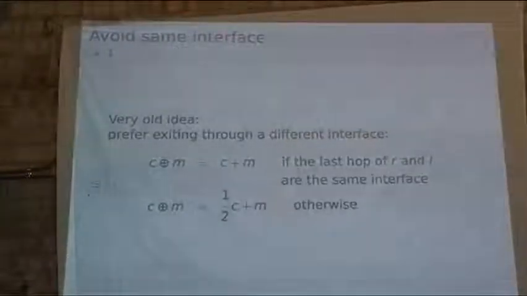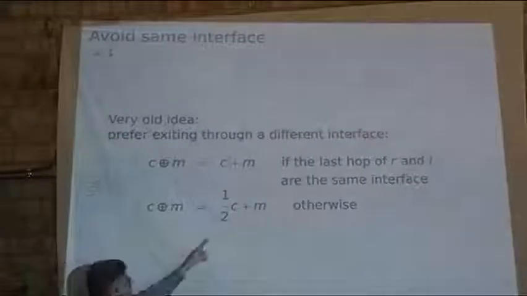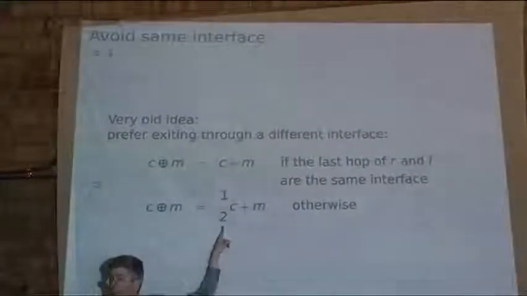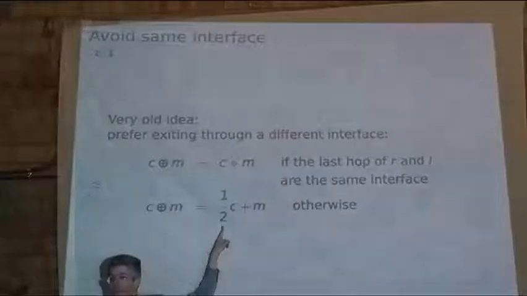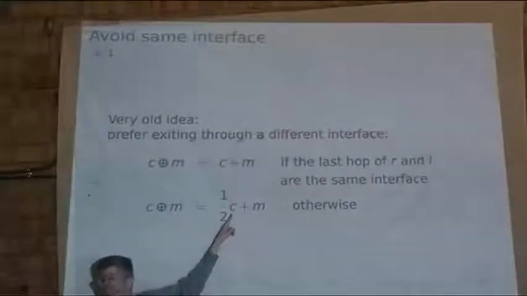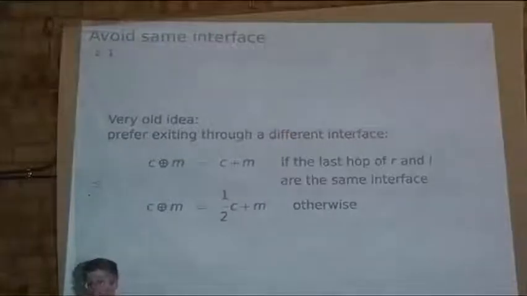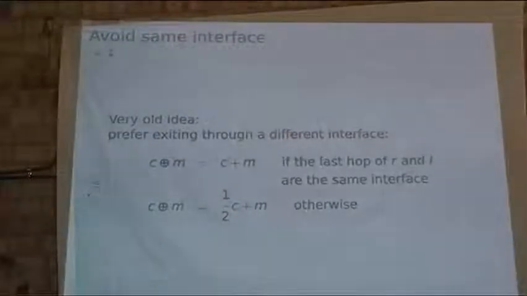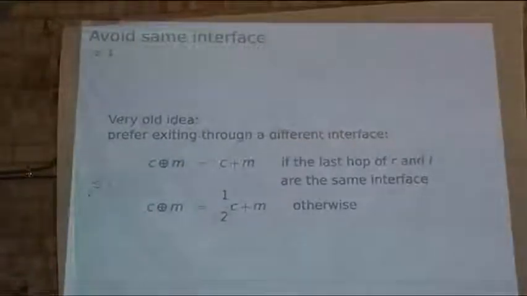On the other hand, if you're going through a different interface, which is something you want to encourage, you want to use a smaller metric. So instead of adding C, the cost of the outgoing link, you add 1/2 of C for the right value of 1/2, which might not be exactly 1/2. I'm starting to think that the right value of 1/2 is 1/3, but that is just experimental. We need to find it.